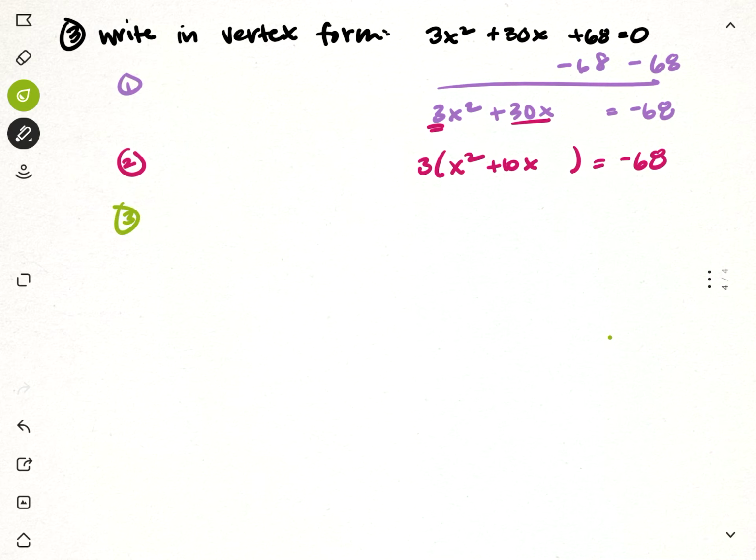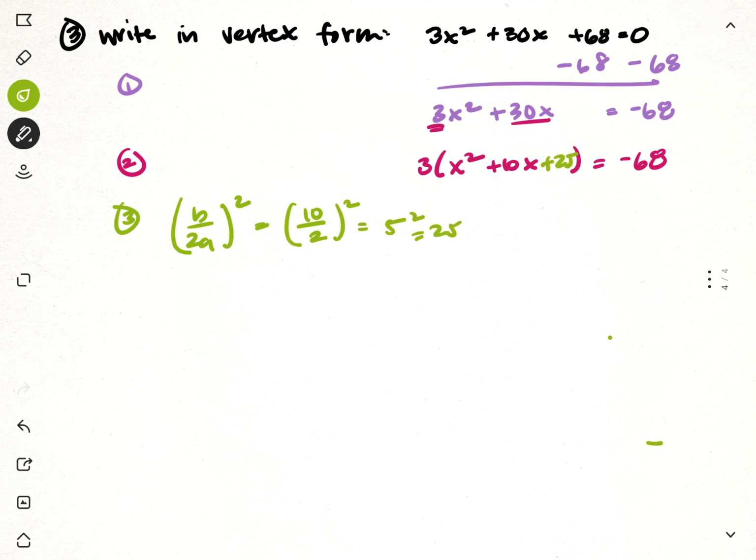Okay, step 3, we're completing the square, right? So we have our 10 as our b, 1 as our a. So we have (b over 2a) squared. This is going to be 10 over 2 times 1, which is 5. So 5 squared is 25.